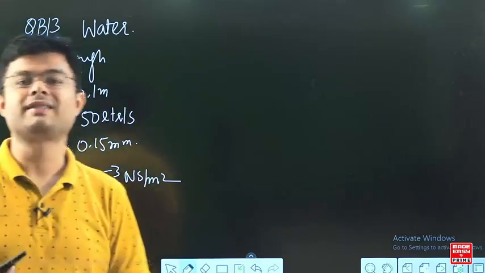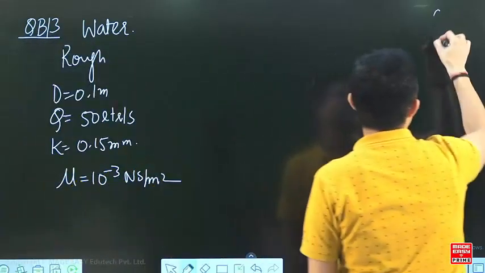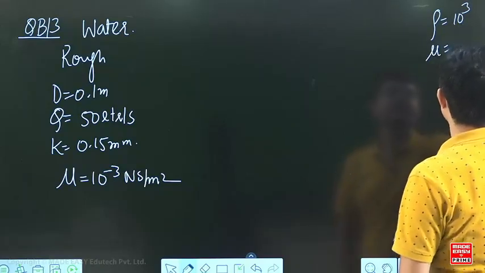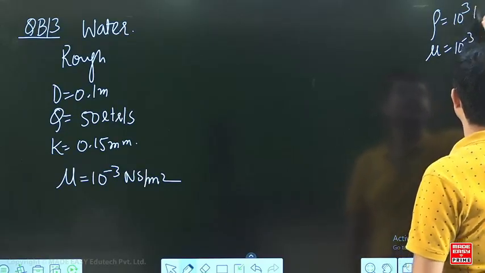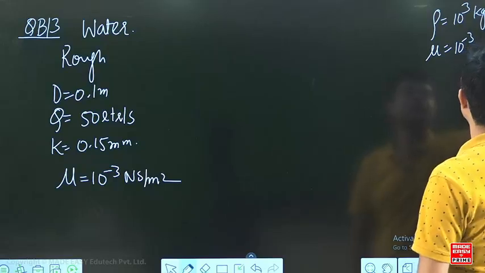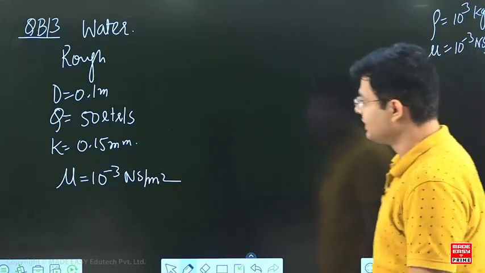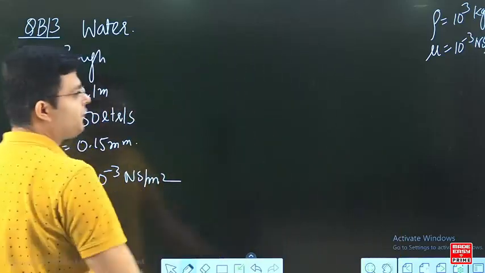Water is a very simple thing, na? Water density is 10 to the power 3 kg per meter cube. Viscosity is 10 to the power minus 3 Newton second per meter square.